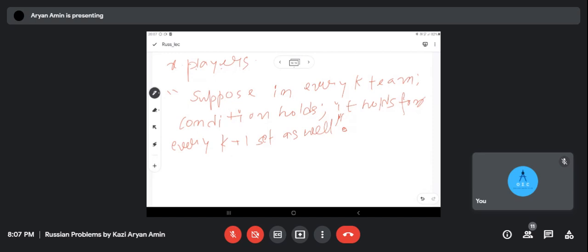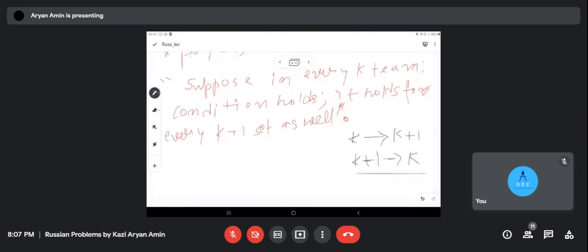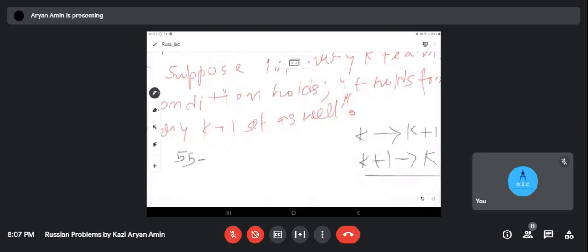So if you think about it, we are basically inducting, going from k to k plus one, or another way to think about this is to go from k plus one to k, right? What does that mean? Suppose we go for the basic case of 55 to 56, and you can do the k to k plus 1 thing similarly. Let the 56th player be named A. Look at the entire tournament.